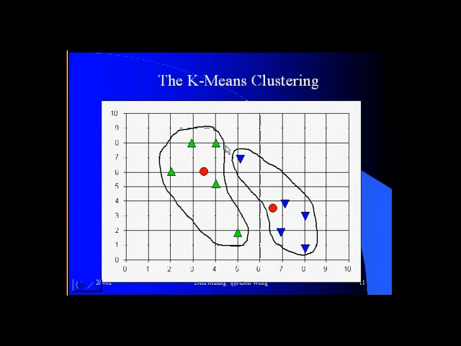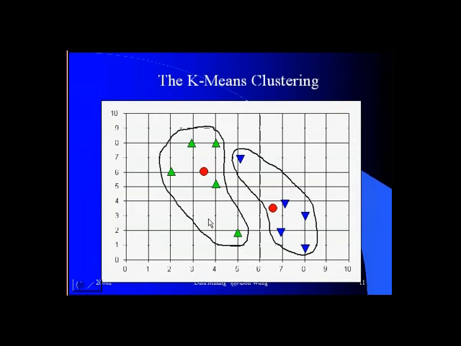Now, there's something different. Look at this data object. Among these two centers, which center is closest to this object? We see that this center is closest to this object. So this object should be reassigned by taking it from cluster 1 and putting it in cluster 2.